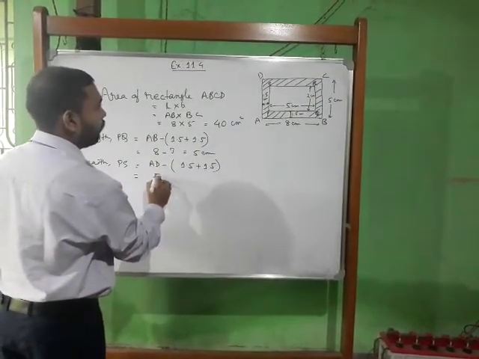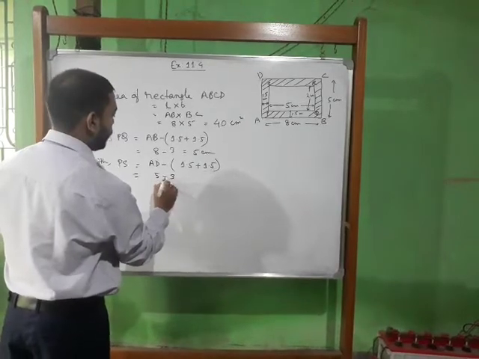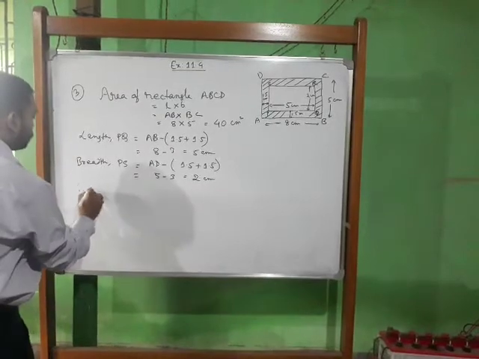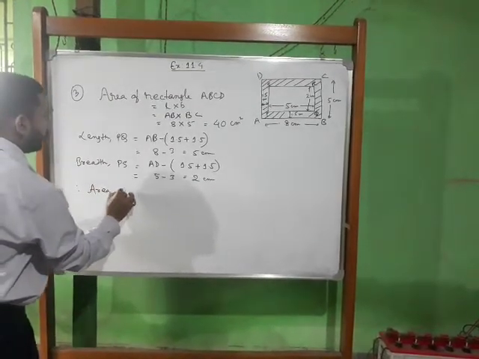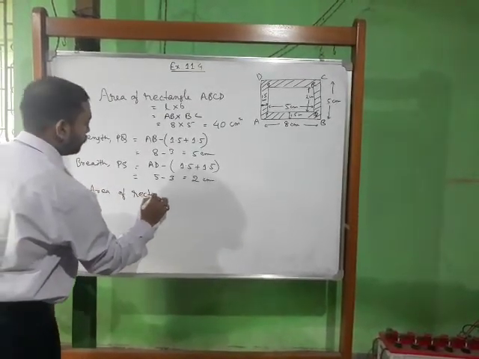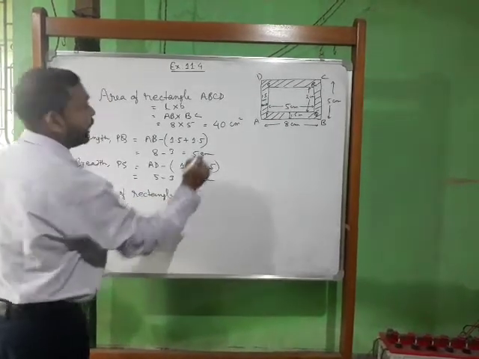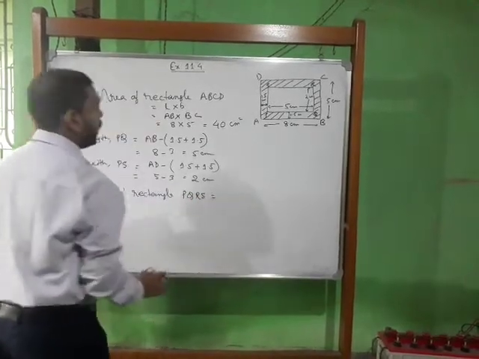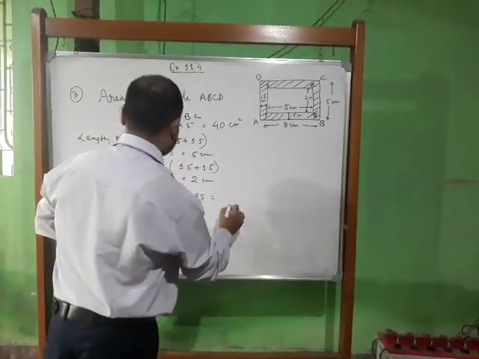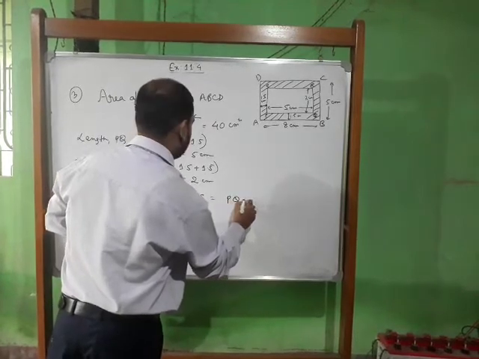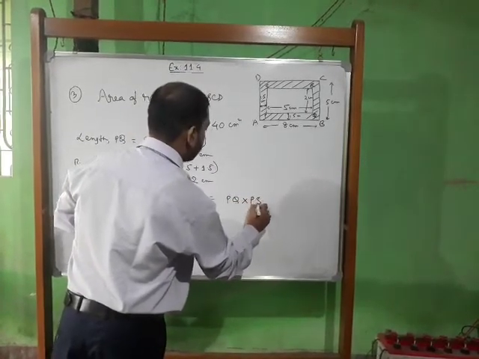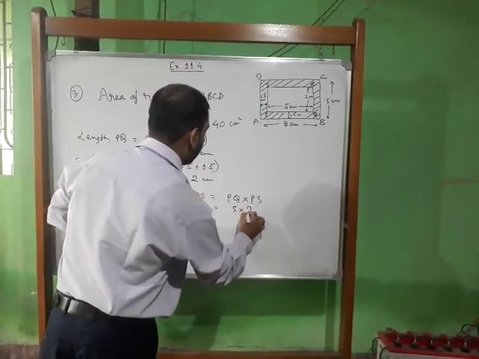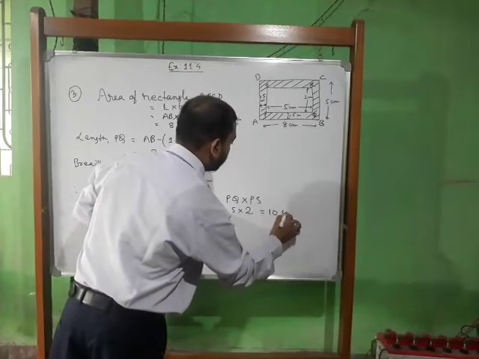So 5 minus 3 is 2 centimeter. Therefore area of rectangle PQRS is equal to PQ into PS, that is length into breadth. So it will be 5 into 2, that is 10 centimeter square.